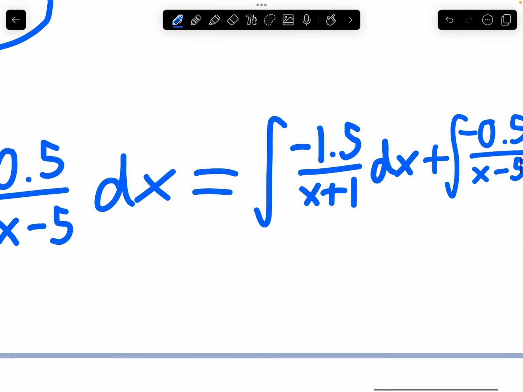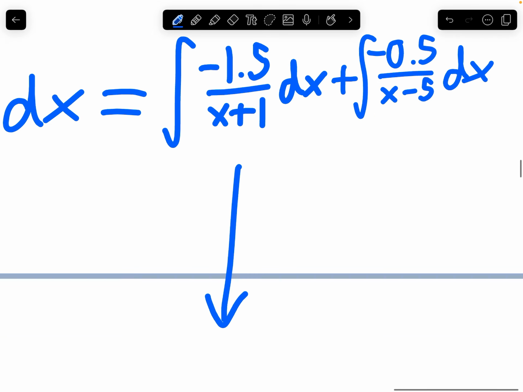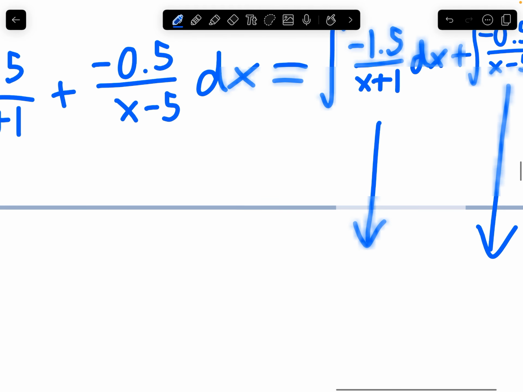So recall that we can actually take out each of these numerators outside of the integral, because in a way they're sort of being multiplied inside of the integral.